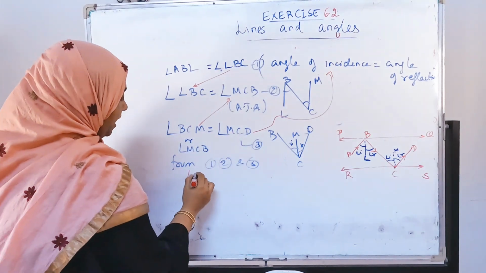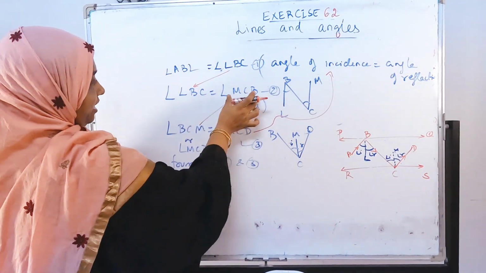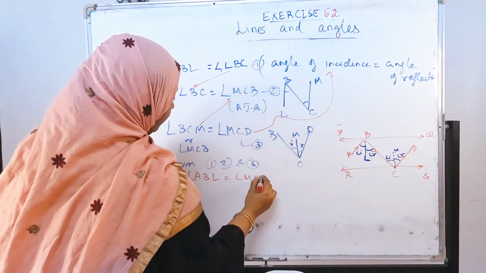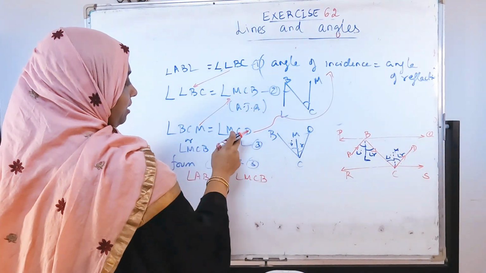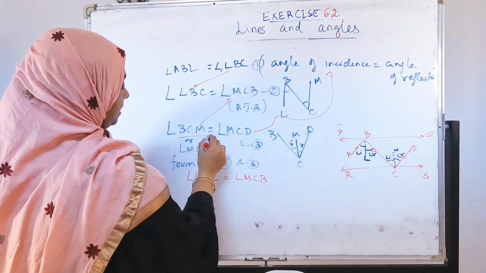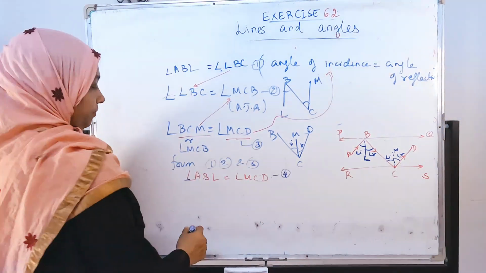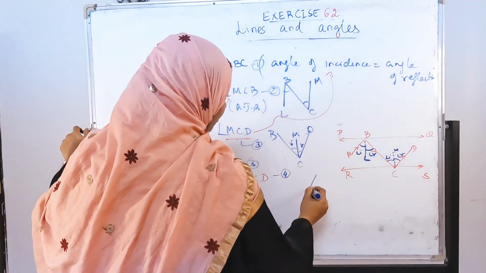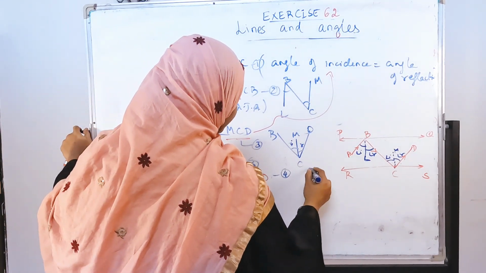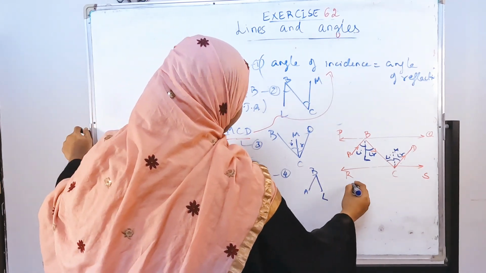First we write angle ABL is equal to LBC, in its place we replace with angle MCB. Now angle MCB is what? Angle MCB is MCD. So we will write MCD. ABL is here only and MCD is here only.